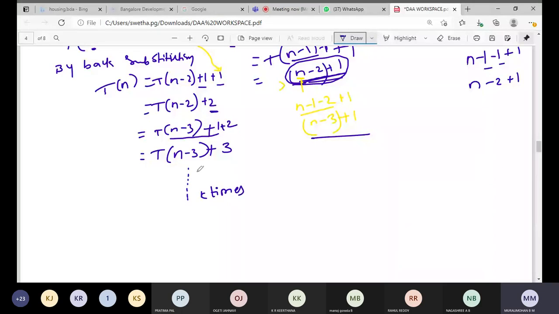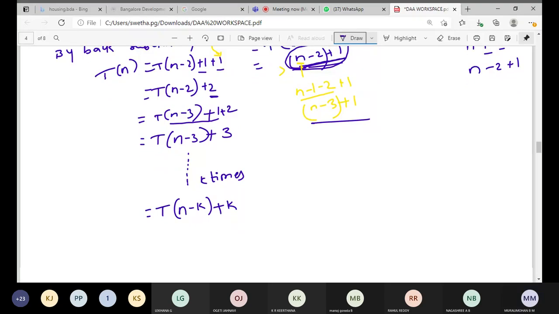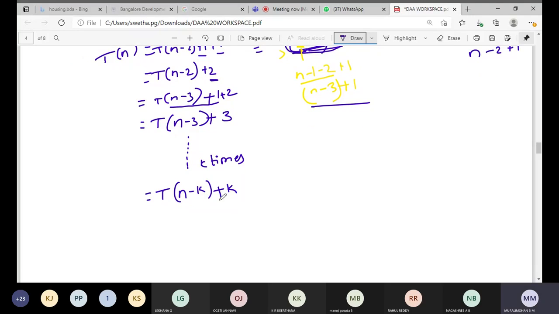When it is 3, we are getting n minus 3 plus 3. So if it is k, we get T of n minus k plus k. Very good. Is there any doubt how we got this n minus k plus k?